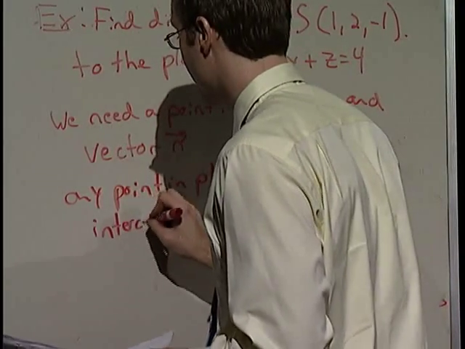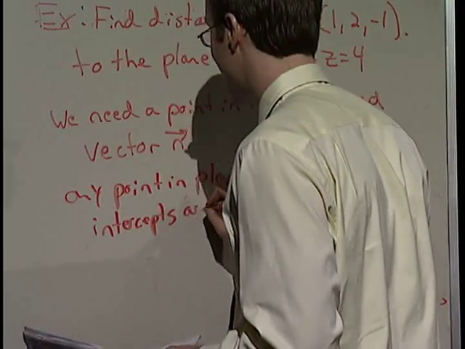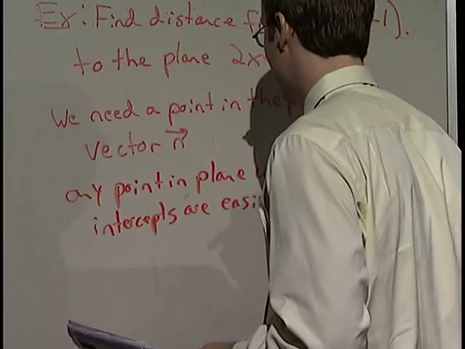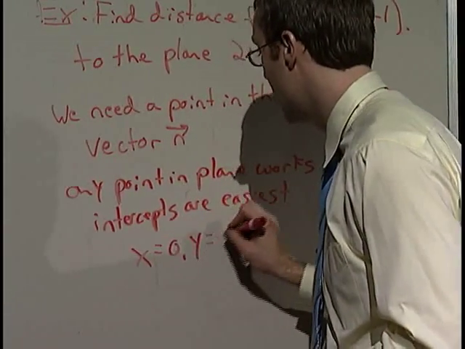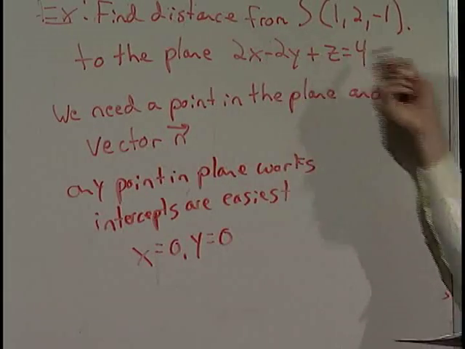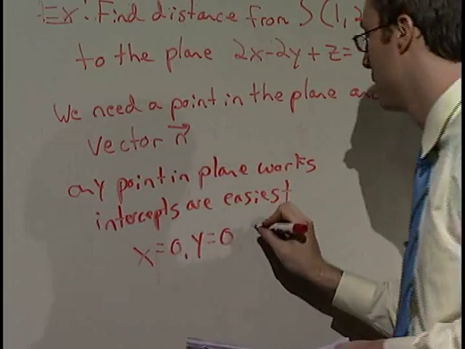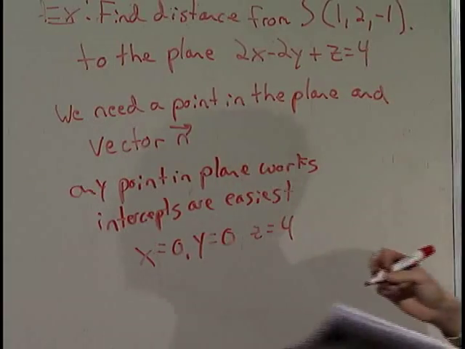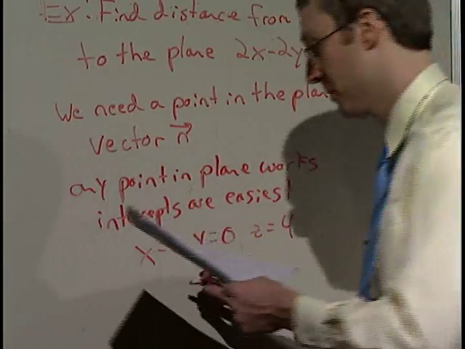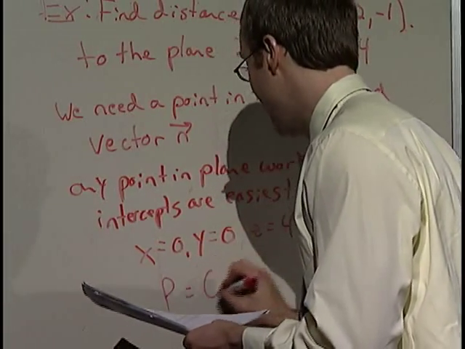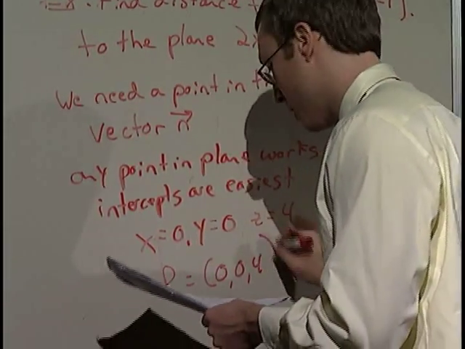Probably the intercepts are going to be easiest. Where does the plane cross one of the axes? If we let x equal 0 and y equal 0, what is z? It's 4. So this has z-intercept (0, 0, 4). It crosses the z-axis at (0, 0, 4). So we'll let P equal (0, 0, 4).